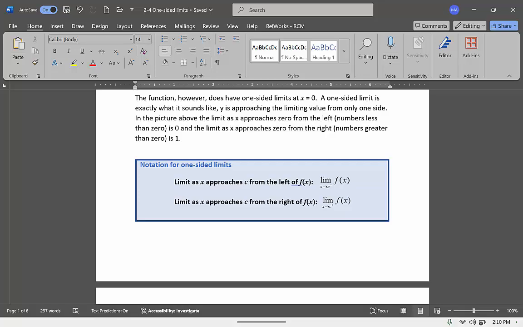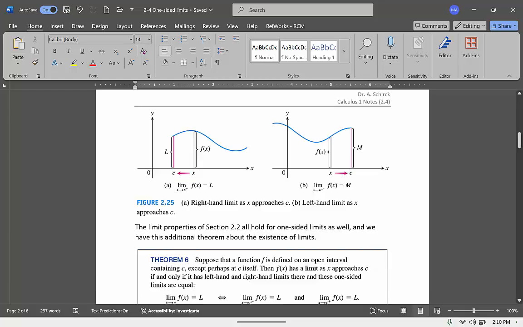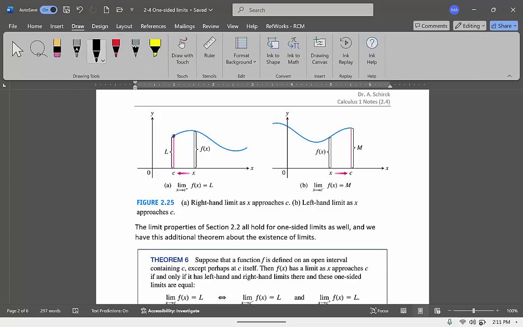And as we're approaching from the right, we'll use a superscript of plus to indicate that we're coming from the right. So we can talk about the limit as x approaches c from the right of this function here at that point, and the limit as x approaches c from the left of this function, which would be that point.